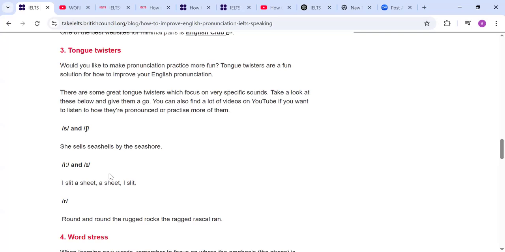She sells seashells by seashores, and again, seashells. Sorry, she sells seashells by seashores. Thank you. Am I speaking in the right way or not? Yes, you are doing very well. It seems that your S sounds are very good. Anyone else who would like to read this tongue twister?